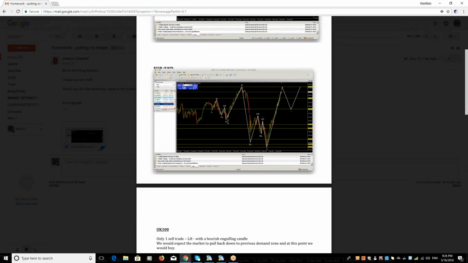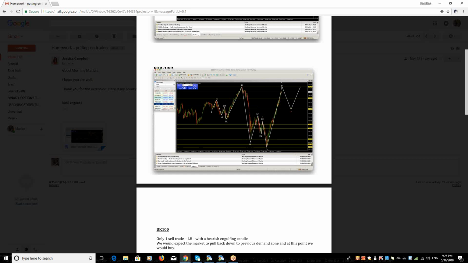But what would have been nice to see is the market then break above this low here, and this lower high, and then pull back to it, and then we're looking to buy there because then there's a change in the direction of the market. But that didn't happen; it just dropped and then broke up. You were looking to sell there, which you did. So that's fine.